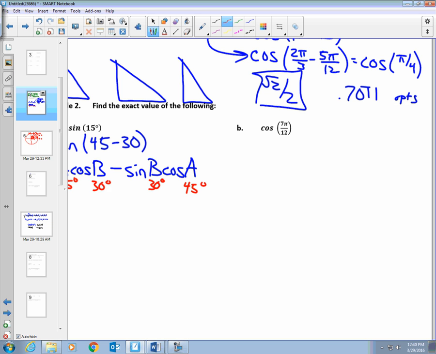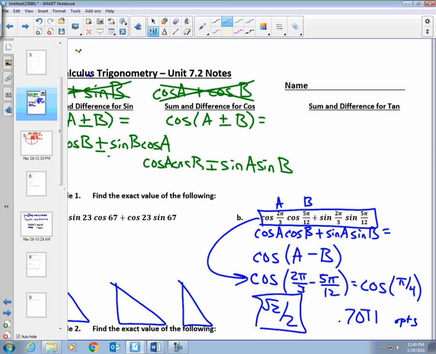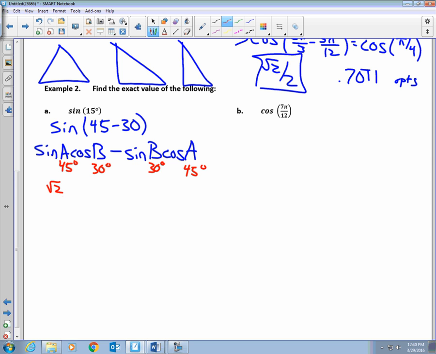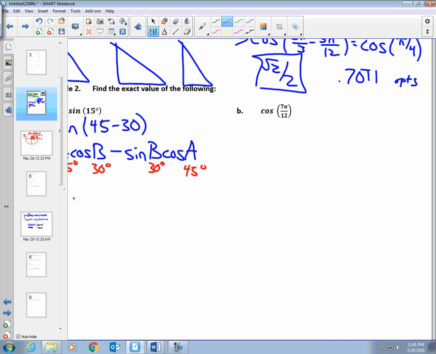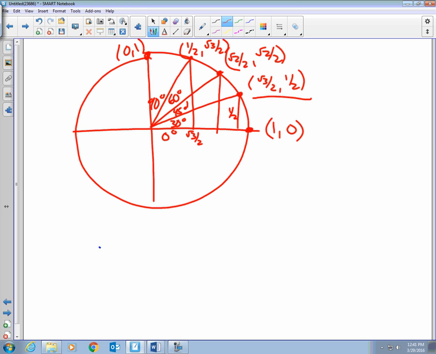Look back at my special triangle. Sine is the y value, so root of 2 over 2. Cosine of 30, cosine is the x value, so it would be square root of 3 over 2.